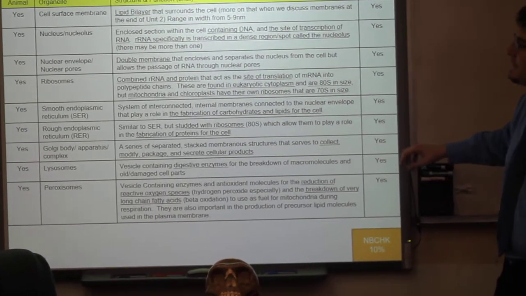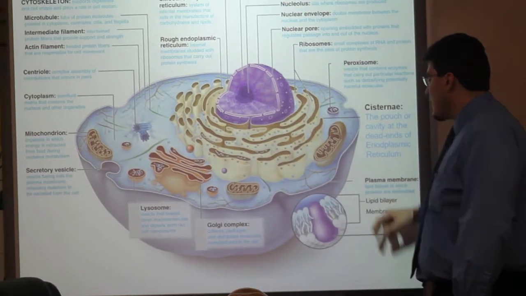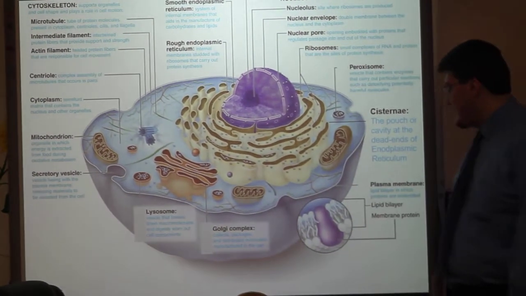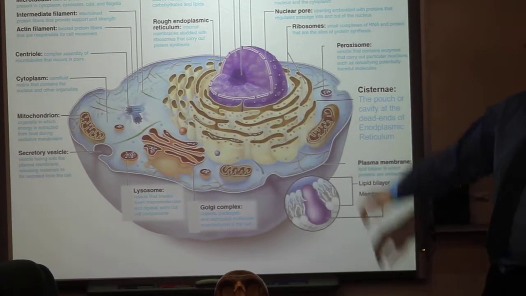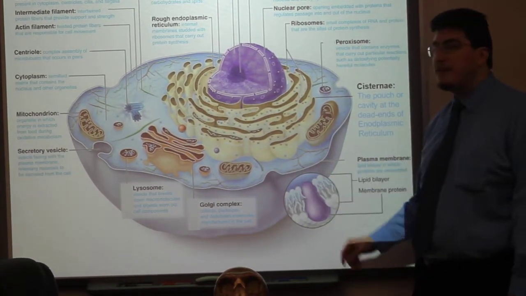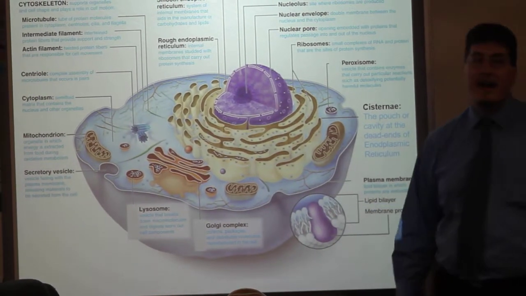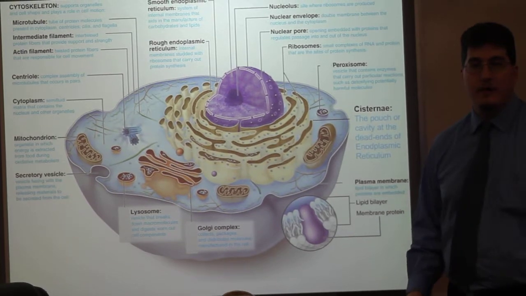And effectively, we have our lipid bilayer. So our lipid bilayer is this image down here. Our lipid bilayer is composed of our phospholipids, with their hydrophilic head and their hydrophobic fatty acid tails in a bilayer structure.